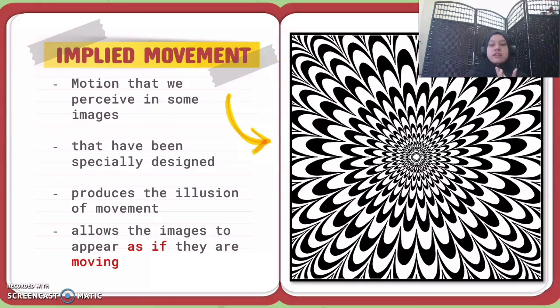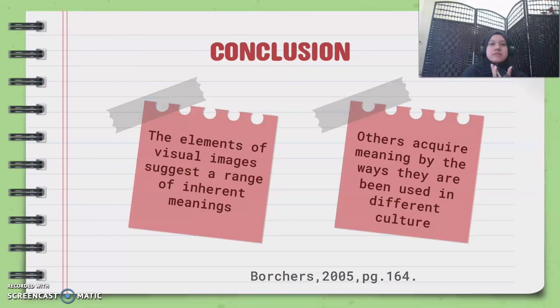Okay, so the conclusion is that the elements of visual images suggest a range of inherent meanings, and others acquire meaning by the ways they are used in different cultures.